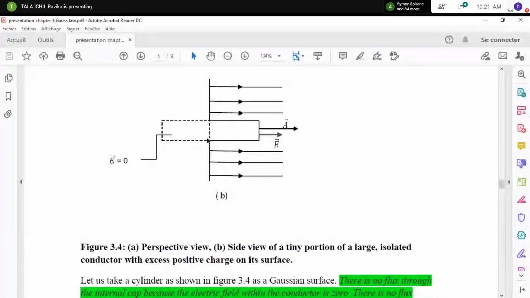On the left side, E equals 0, and on the right side, you have E parallel to L.